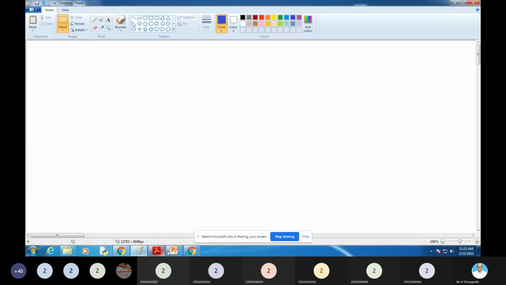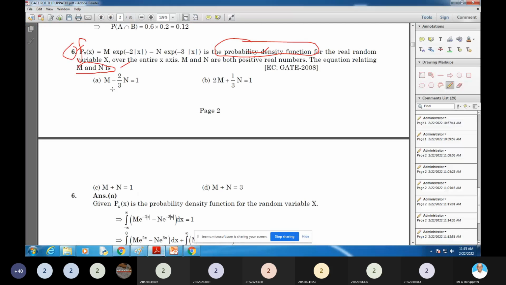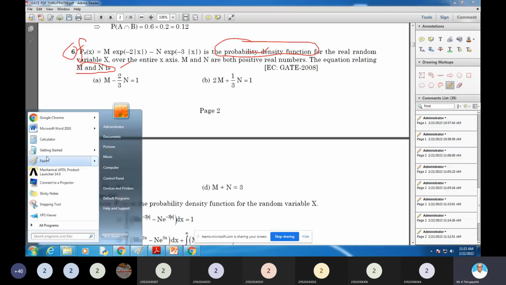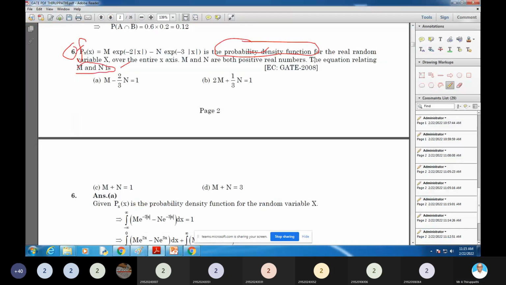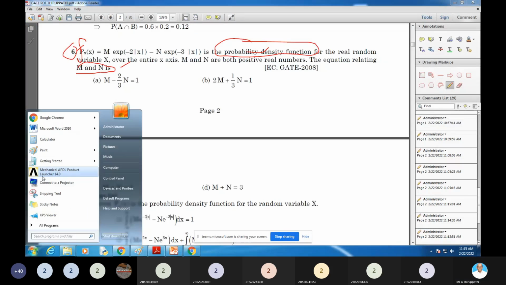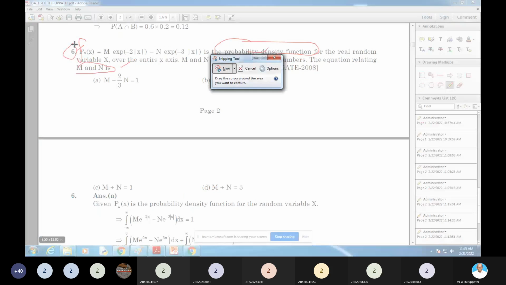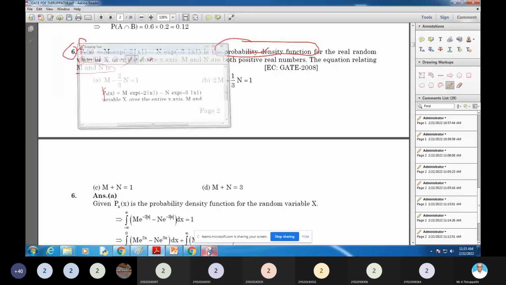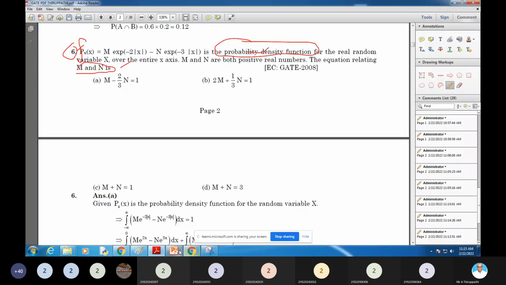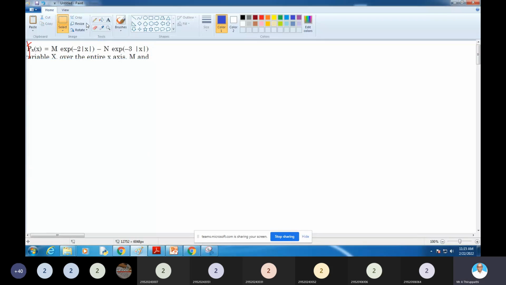Now, what is the probability density function? It is clearly given as a continuous random variable.